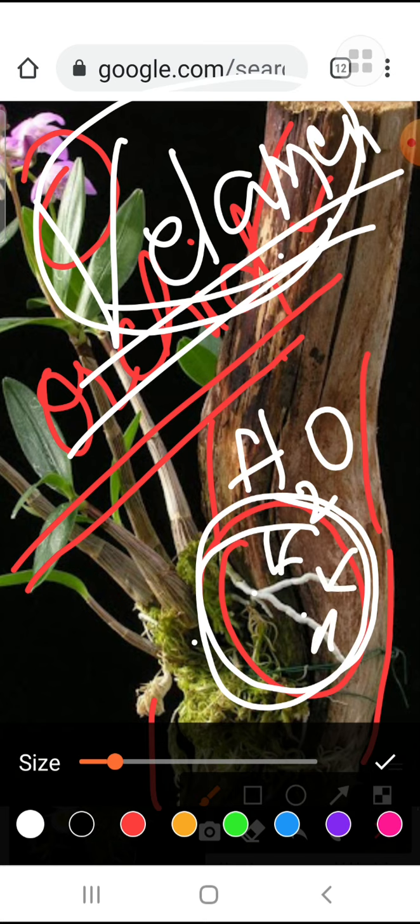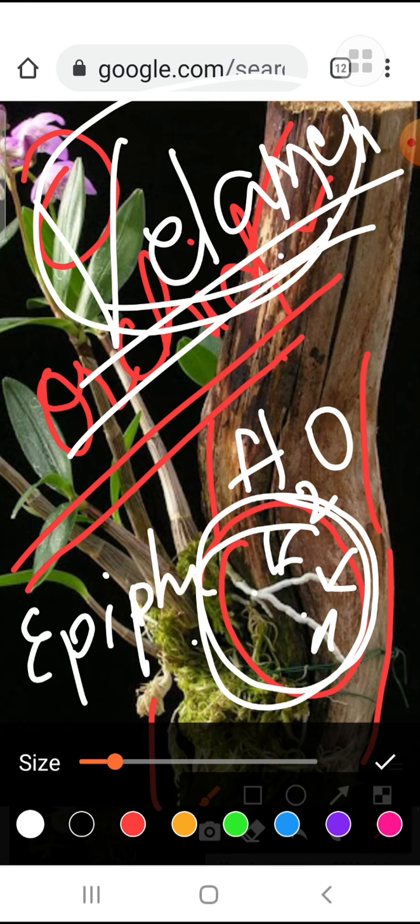Isn't it amazing? So these kinds of roots are called as epiphytic root. Let's go back to the chapter.